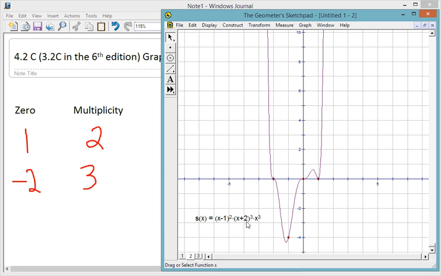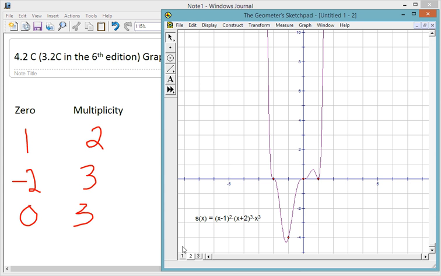All right, and then the last one here, the factor is x, and that means the zero is 0, the number 0, and it has a 3 for the exponent, so that means that 0 has multiplicity of 3.